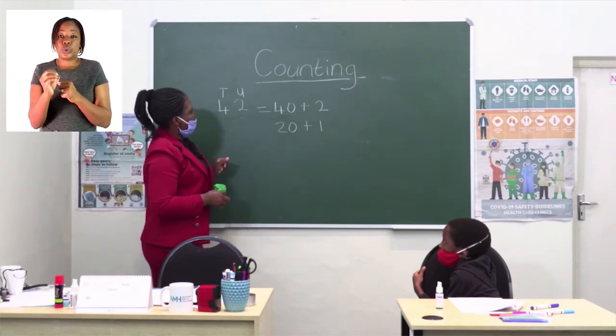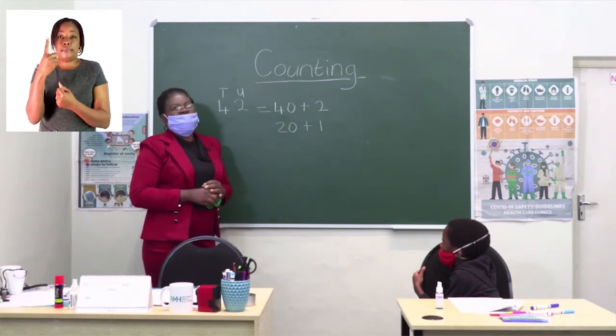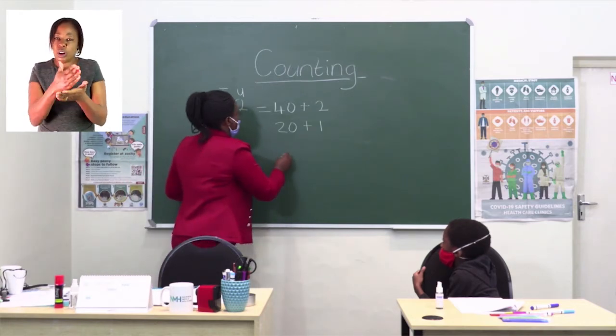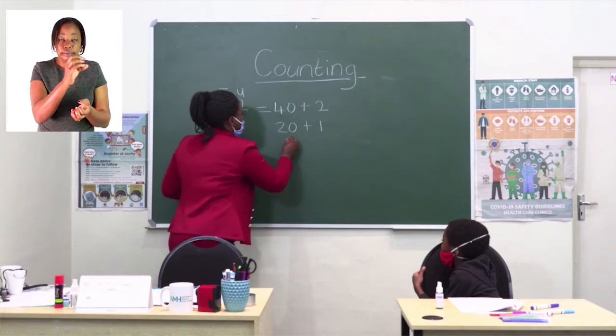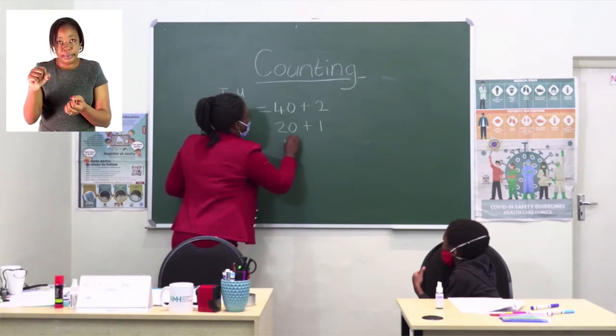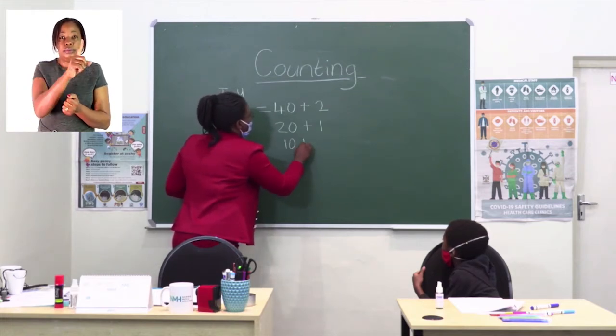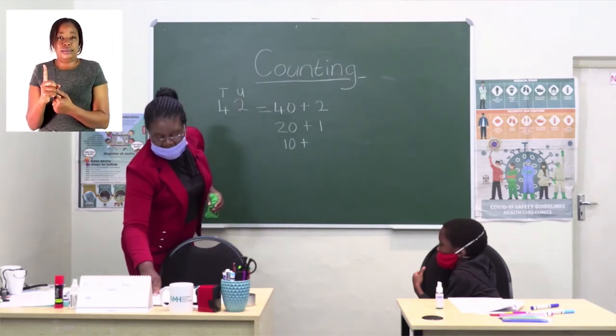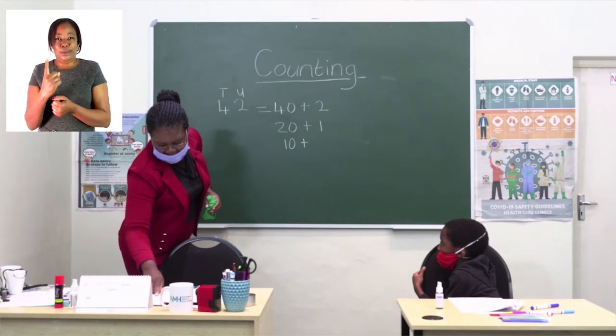All right. So now, what is the half of a 20? Half of a 20 is 10. Are we together? And half of a 1 is half.